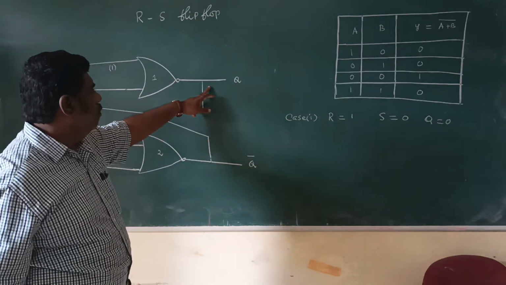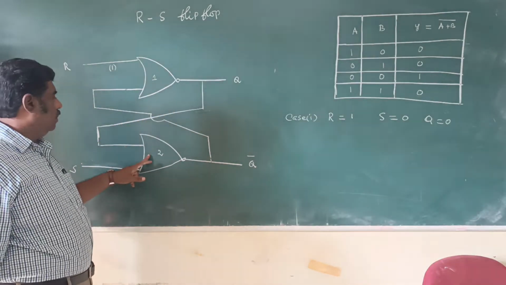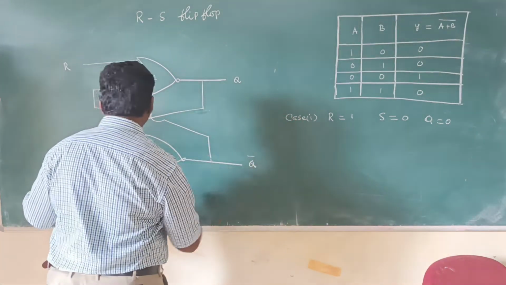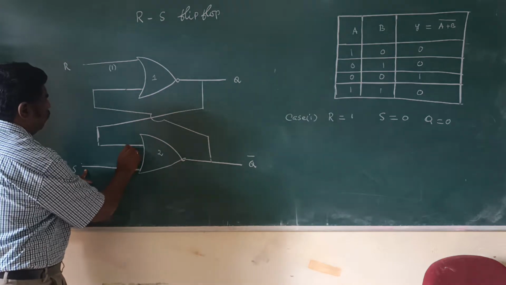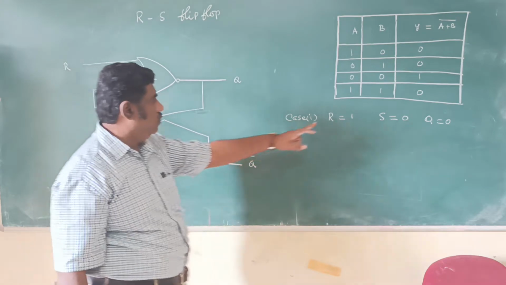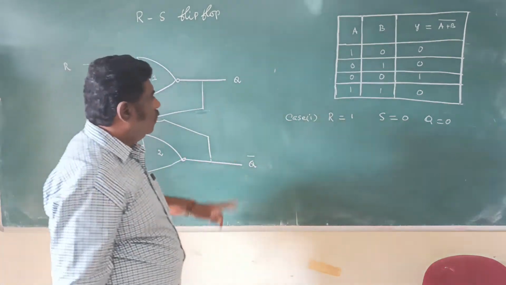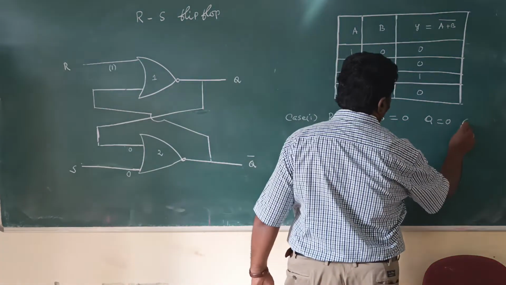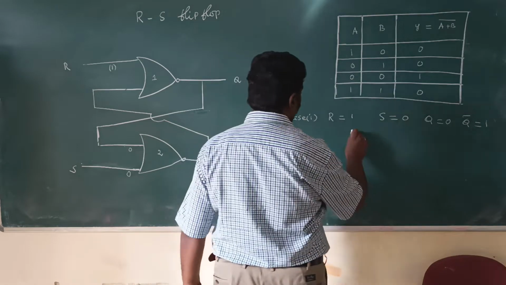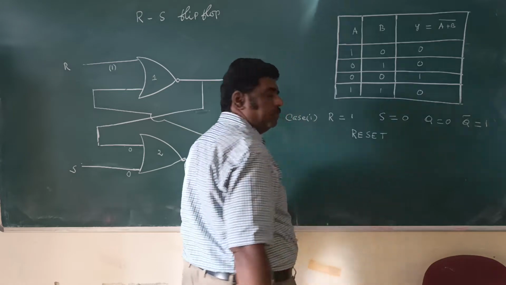Then the Q output is fed as an input of the second NOR gate, and another input of the second NOR gate, S, equal to 0. Here the value of Q equal to 0 is one input, and another input we have given is 0. So 0 plus 0 is 0, 0 bar is 1. So the output of Q bar is equal to 1. Under this condition, the flip-flop is in the reset state.